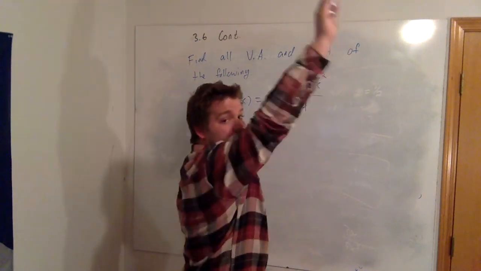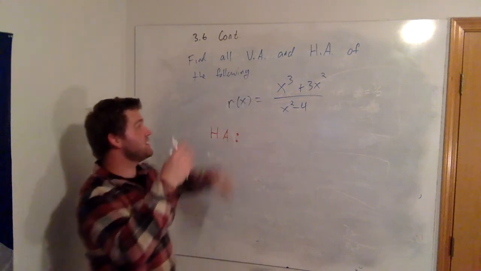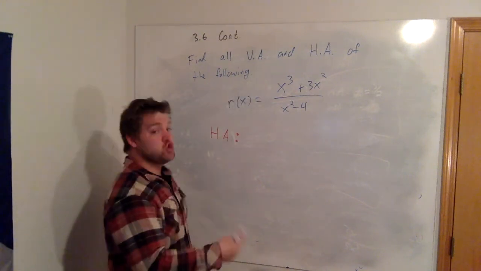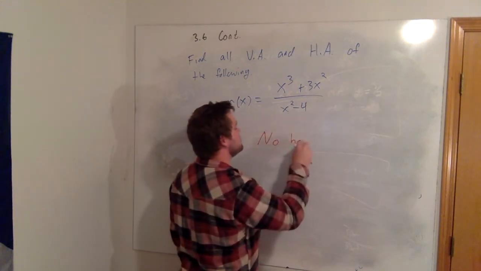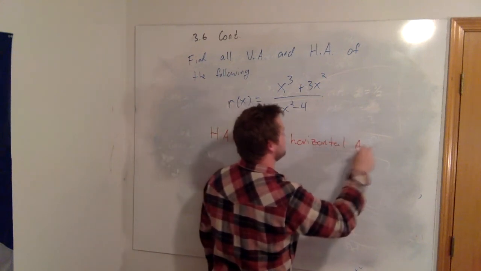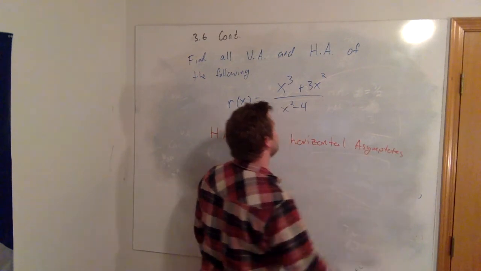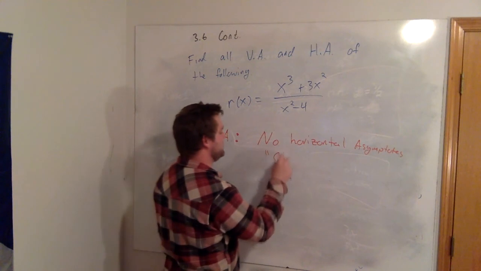It's going to either blow up this way or blow down. In this case, this is like case 3. We have no horizontal asymptotes. What there'll be here, and we'll discover this more, is what's called an oblique asymptote.